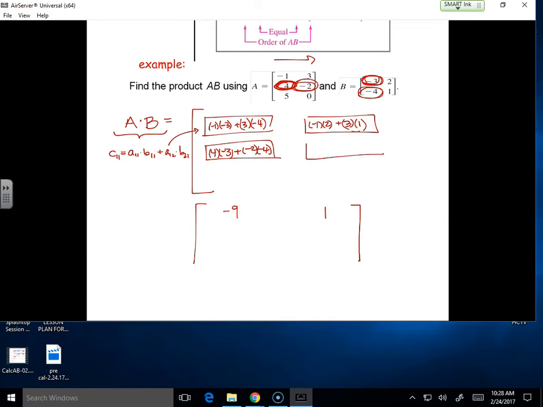And we got to finish that row before we move on, so we got to cross over. We're going to go across again. We have to go over to the next column. Cross down, then cross over down. 4 times 2 plus negative 2 times 1.